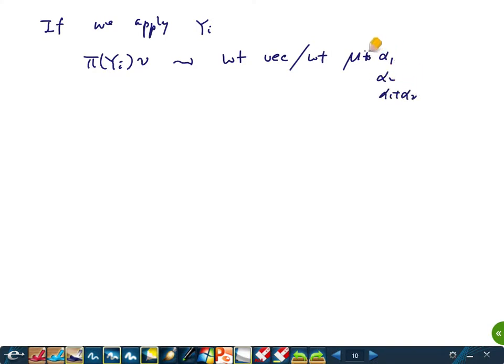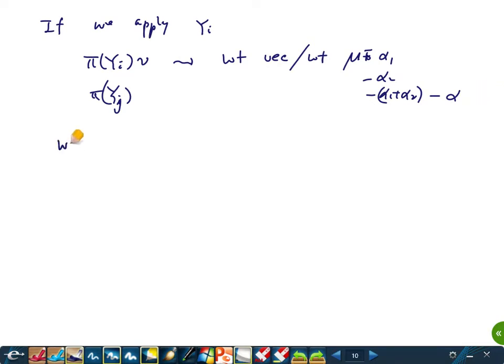Oh, sorry, minus. If you apply y, the weight will be minus alpha 1, alpha 2. If you apply one more, like yj, we only get more minus alphas, alpha 1, alpha 2. So it always gets lower.